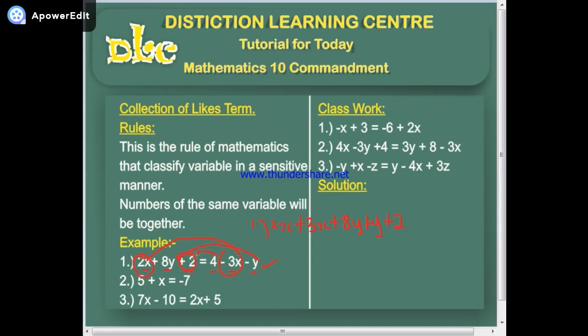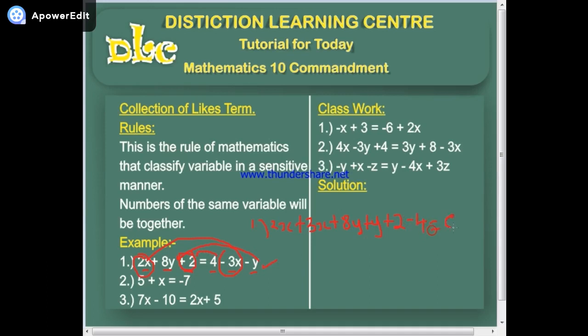And don't forget, in a situation where there is no sign at the back of a number, it means there is an invisible plus at the back of that number. So when the number crosses over from one side to another side, the sign will change to minus. So if this 4 crosses over to this side, it will change to minus 4, equal to 0.